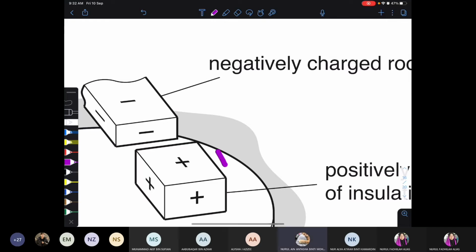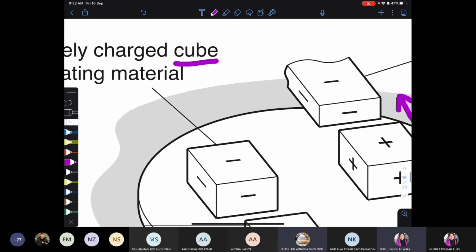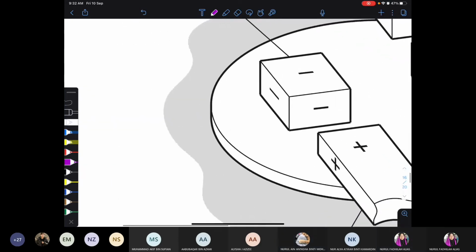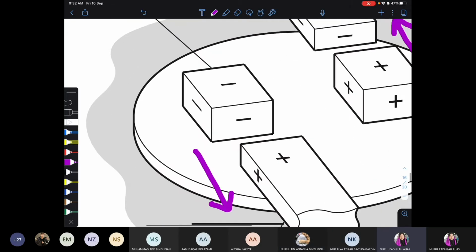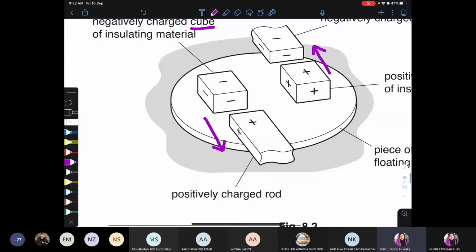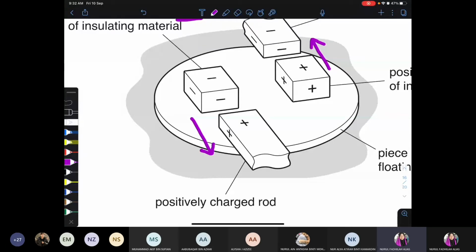It will move towards the negative rod. What happens if we only have this part here? Opposite to before. So you see we have two different directions, so that causes the wood to rotate. It wants to go right but cannot, it wants to go forward but something pulls it backward. So finally it rotates.